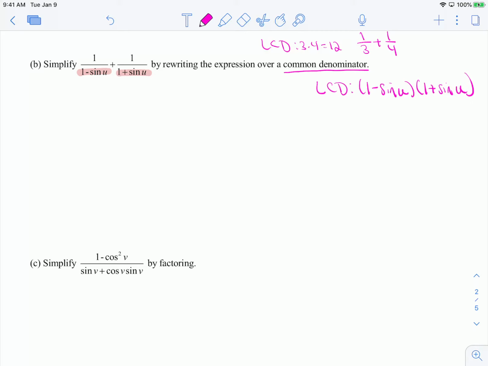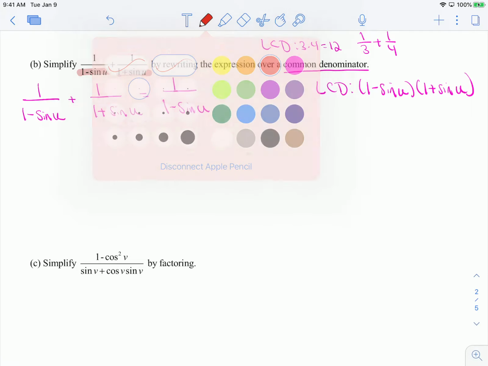All right, so I'm always going to rewrite what I start with. Okay, now I'm going to multiply each term by whatever else I need.